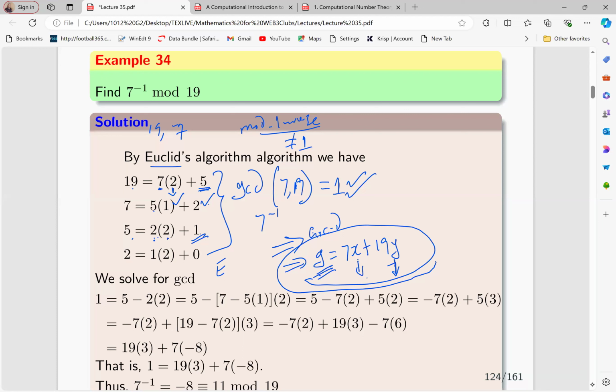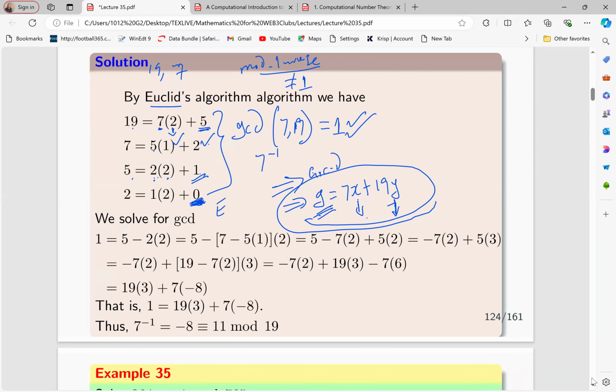Then it loops until b is 0. When b is 0, it exits. After exiting, it does the reversing. You'll be doing this reversing beginning from the GCD.